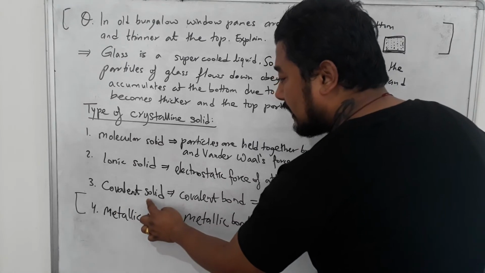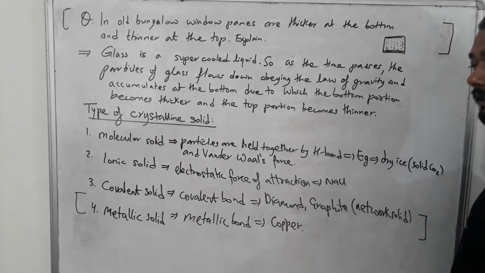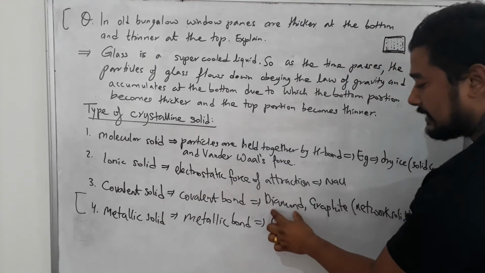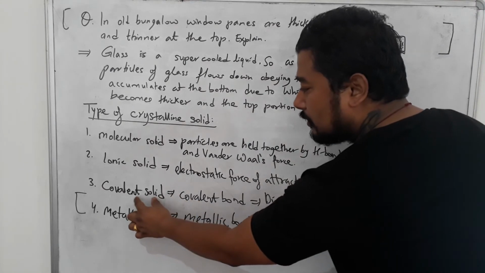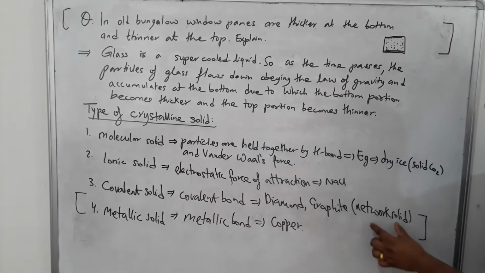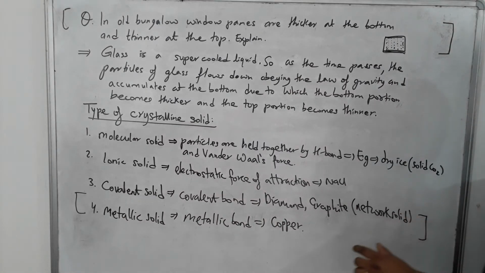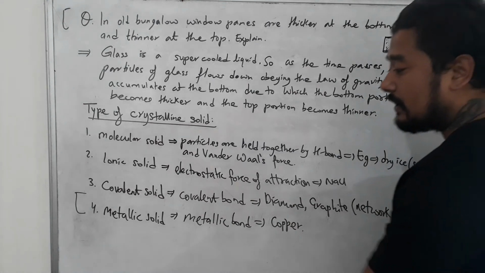Inside covalent solid, the particles are held together by covalent bond, and the examples of covalent solid are diamond and graphite. Since the covalent solid structure looks like a network structure, covalent solid is also called network solid. And the last one is metallic solid.